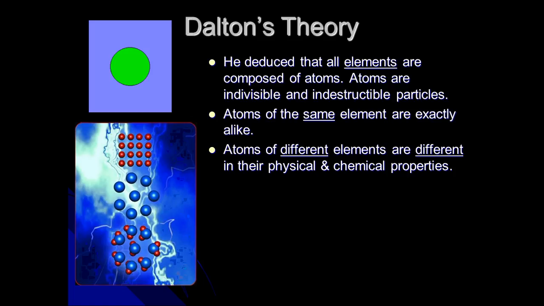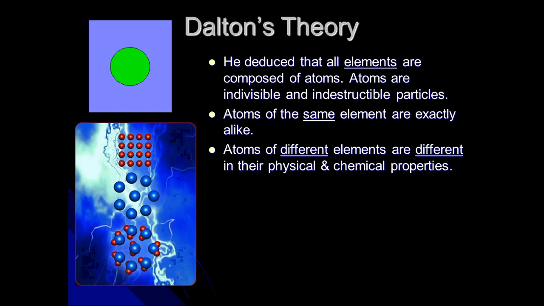of one specific element. He also stated that the atoms of different elements are different in their physical and chemical properties. So he said oxygen is different than tin, has different physical properties. One's a solid, one's a gas, has different chemical properties. They react differently. Okay, and if you read a little bit more about Lavoisier's experiments, you know something about how mercury and oxygen reacted and how oxygen will burn.